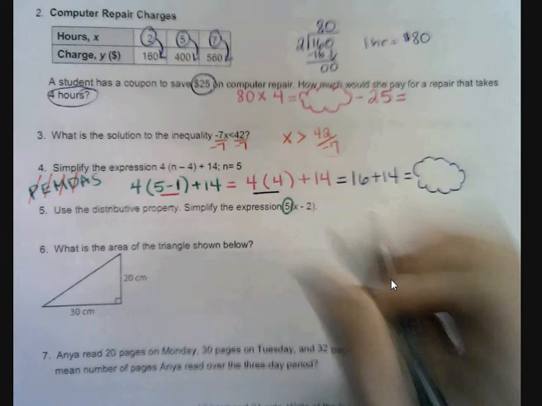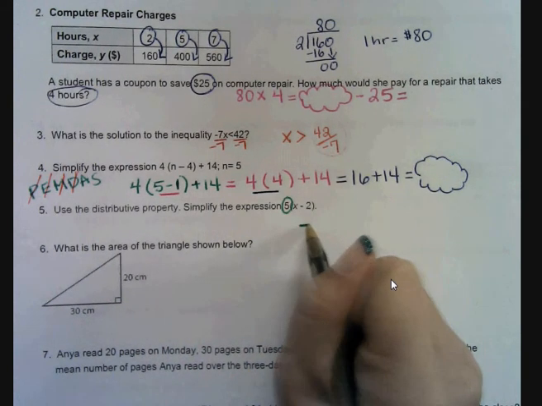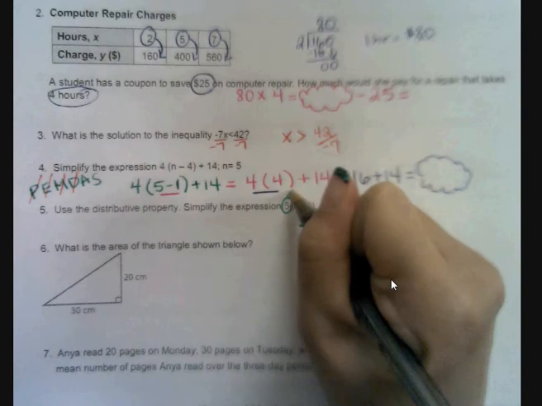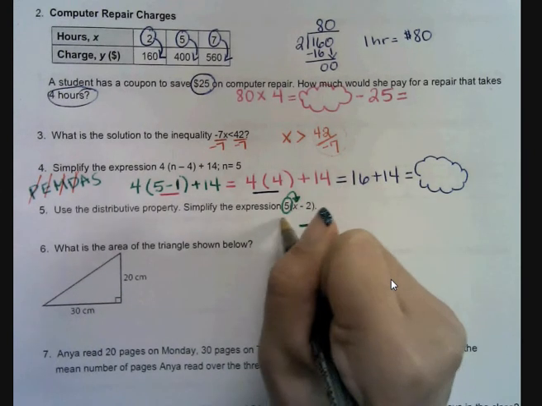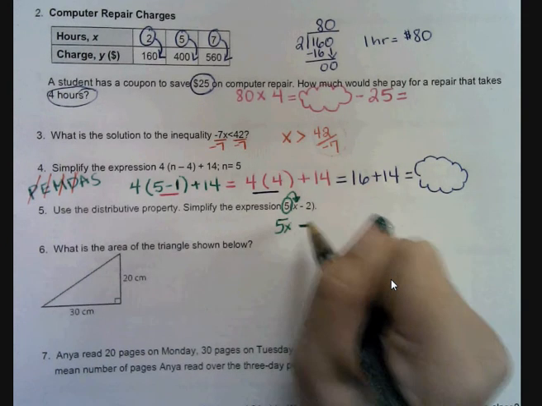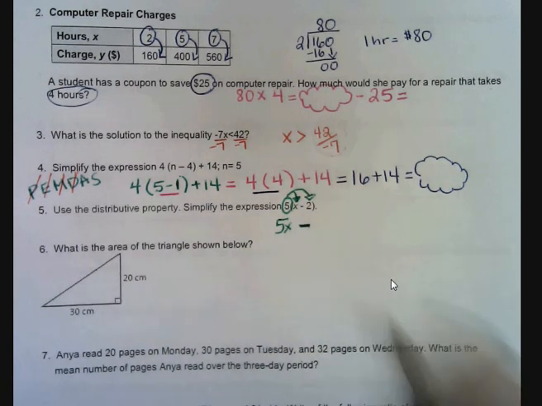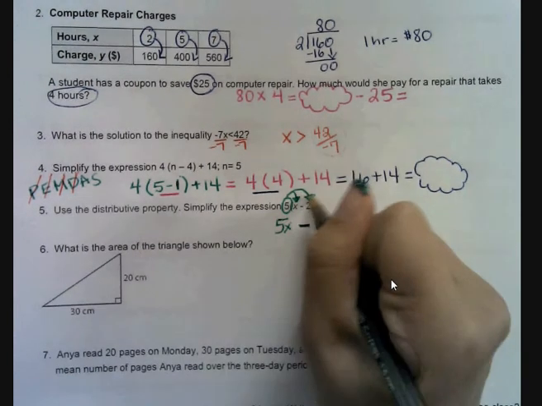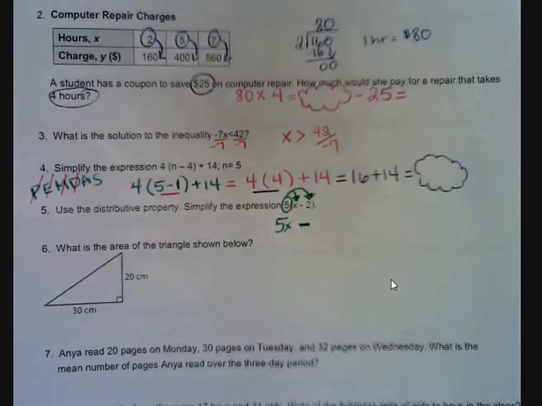Okay, my operation is subtracting. So I'm just going to drop down my subtracting. Okay, so I'm going to do 5 times x, which gives me 5x. And then I drop down my operation subtracting. And then you're going to do 5 times 2. And you're going to finish it off. Okay, that's all it is. 5x minus whatever you got.